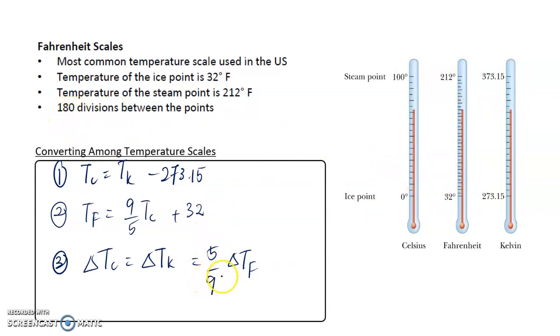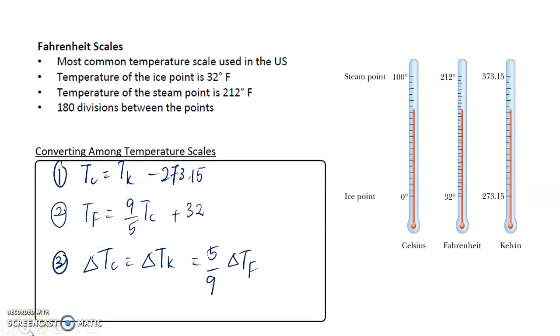You have to multiply by 5 over 9 the change in temperature on the Fahrenheit scale. Another thing to note is that you cannot directly convert Kelvin into Fahrenheit. If you were to convert from Kelvin to Fahrenheit, firstly you need to convert to Celsius, and then from the Celsius scale, you can convert to Fahrenheit.